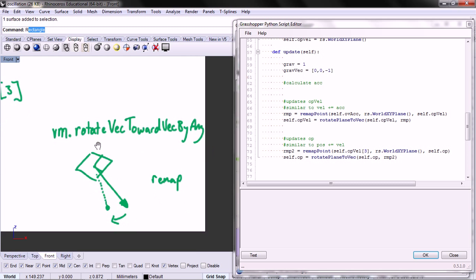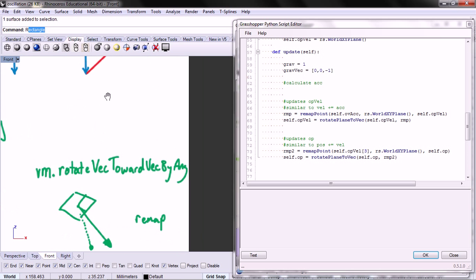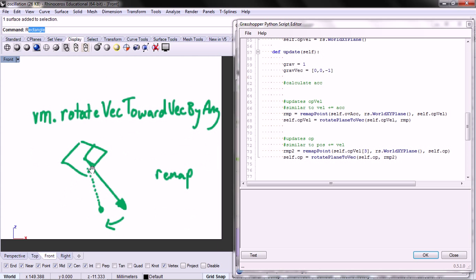And what we're going to do is rotate vector towards vector by angle force of P. So we're going to rotate our orientation plane z-axis towards the gravity axis by an angle of FP.